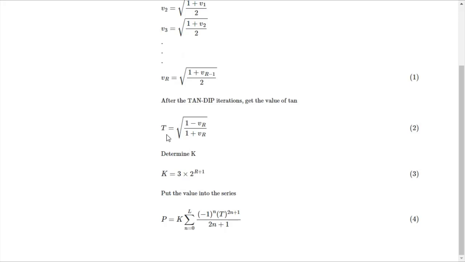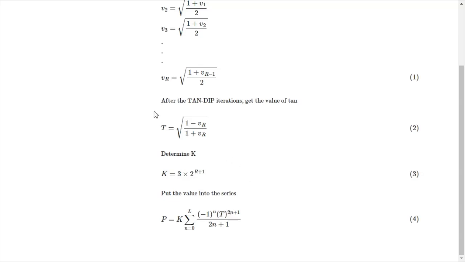That means I have now got t, I have now got k. All I needed to do was plug it into the formula, and with just a few iterations I could calculate the value of pi up to, say, 1000 digits, 2000 digits, 3000 digits.